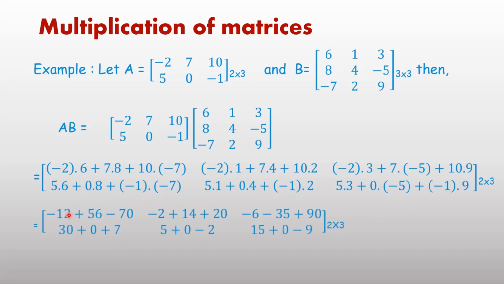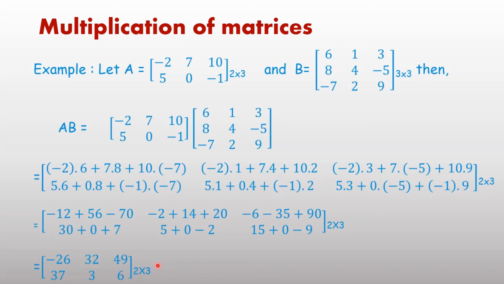Simplifying: minus 12 plus 56 minus 70, minus 2 plus 14 plus 20, and minus 6 minus 35 plus 90. The second row elements are 30 plus 0 plus 7, 5 plus 0 minus 2, 15 plus 0 minus 9. Further simplifying, you will get minus 26, 32, 49, 37, 3 and 6.